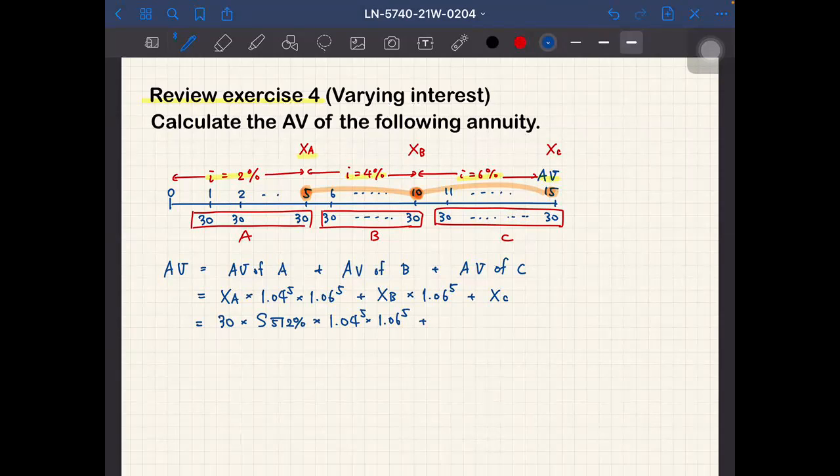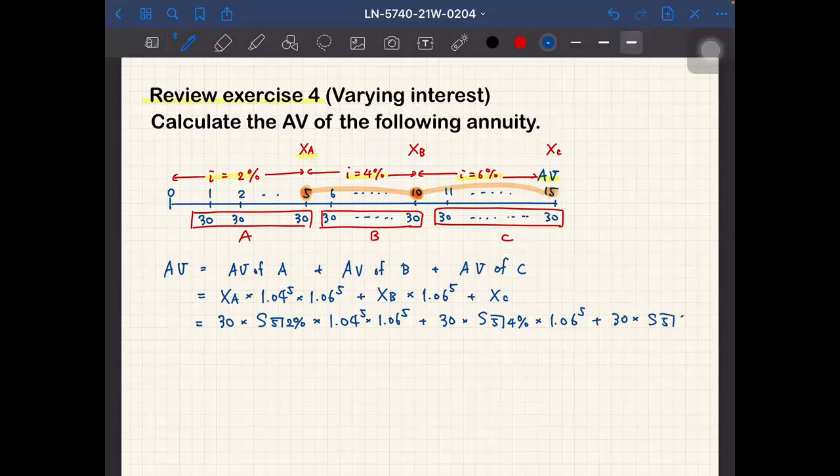XB is again the $30 payments for 5 years, but here the interest rate is 4% during this period, times 1.06 to the 5th power. Then finally XC, which is relatively simpler: 30 times s angle 5 at 6%.